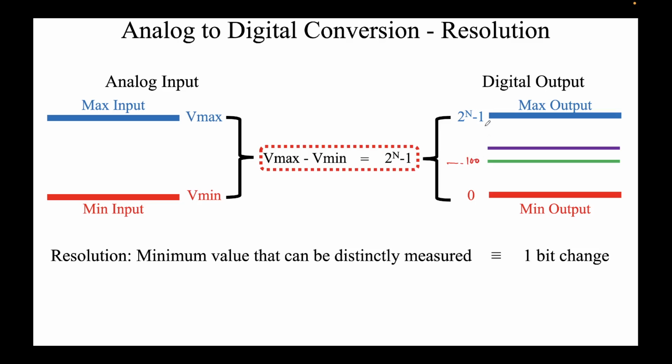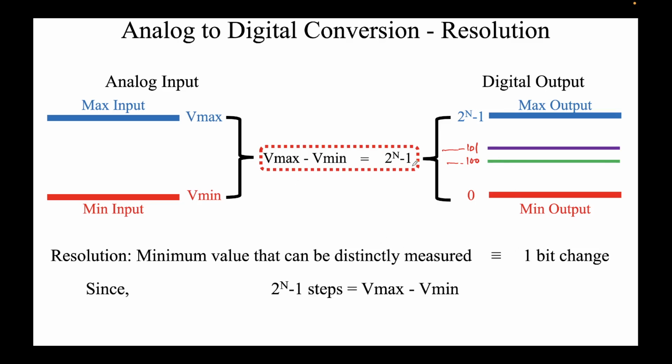So the immediately next value has to be dash dash 101. Just the 1 bit change, that's all we should see. And if we are distinctly able to measure that, that will be the resolution. So 1 bit change on the digital side is the resolution, right?